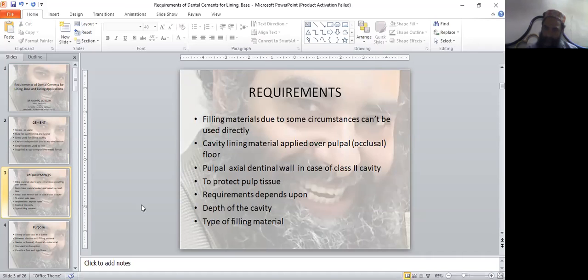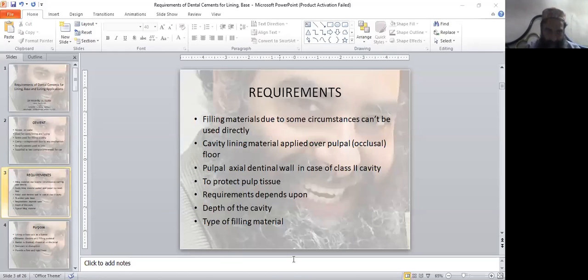Pulpal floor is the floor toward the pulp. It can also be called the occlusal floor. Now, the pulpal axial dentinal wall in case of a class 2 cavity. What is this pulpal axial dentinal wall?